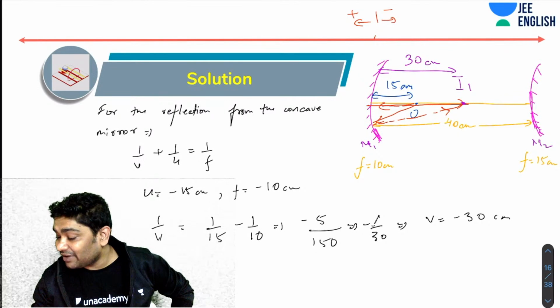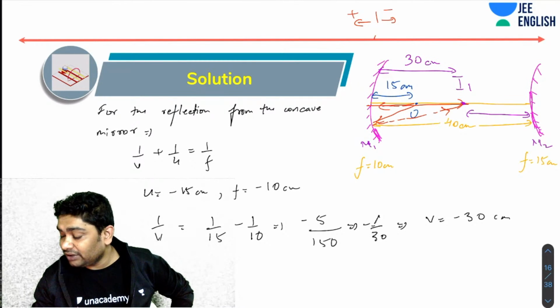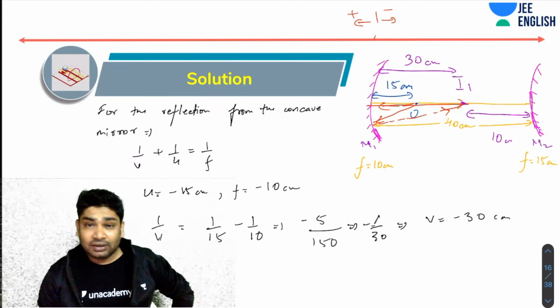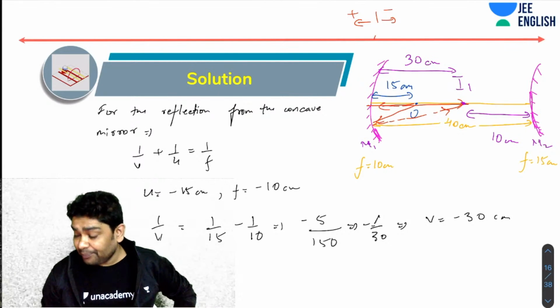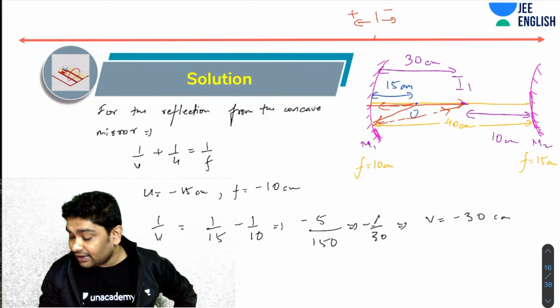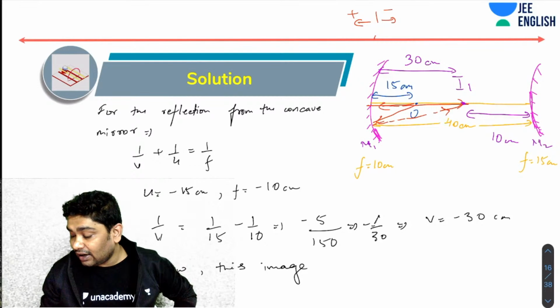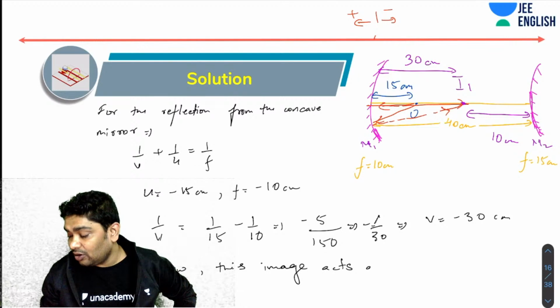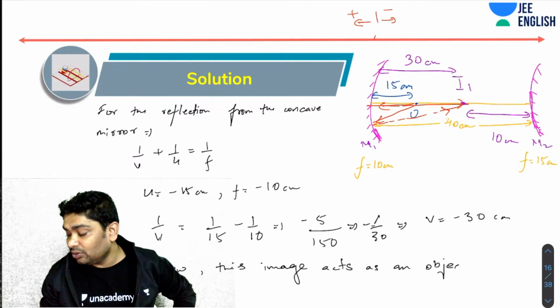When this behaves as an object, now you realize this distance will be 10 centimeter. So next, that is how I will move ahead from here. I can say now this image acts as an object for M2, right?